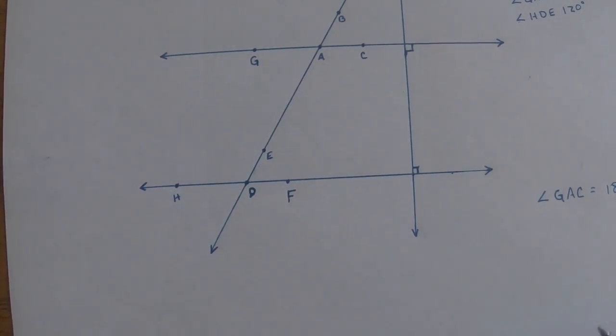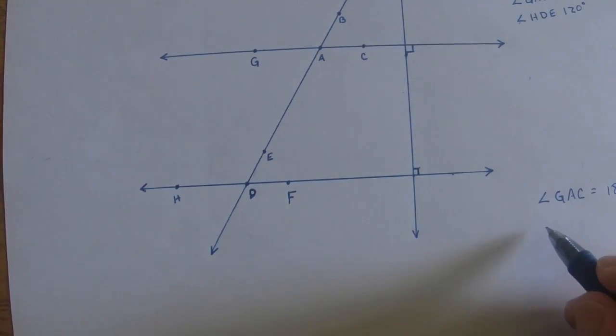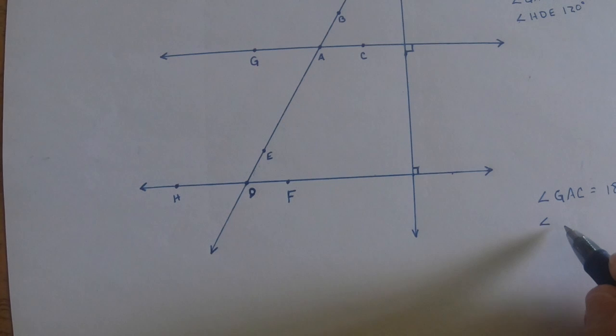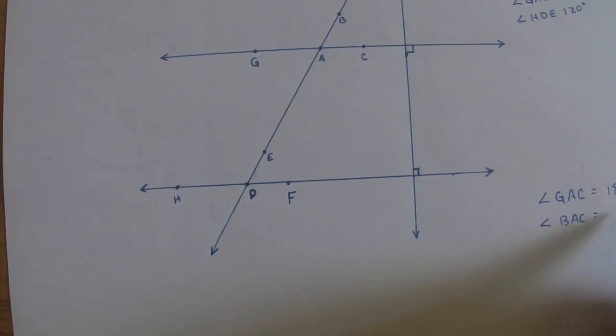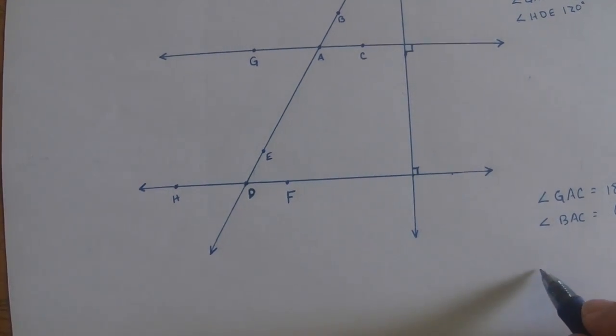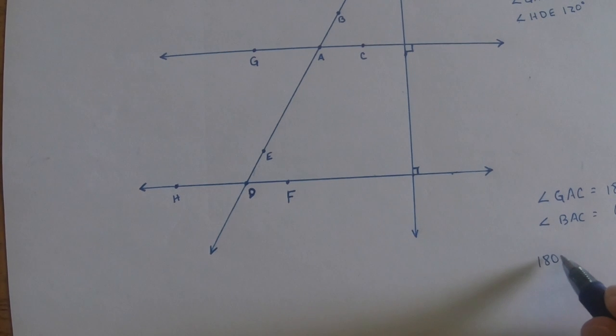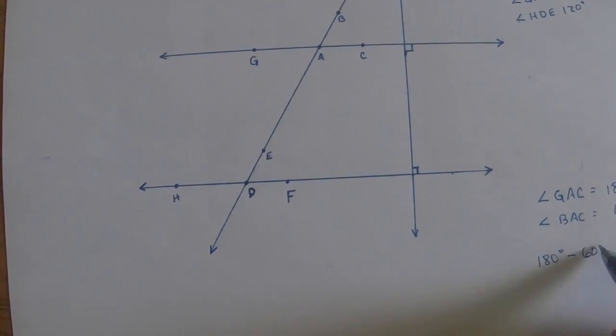Well, if that's 180 degrees, and we know that angle BAC is 60 degrees, then that just becomes 180 minus 60 equals 120 degrees. Pretty cool, huh?